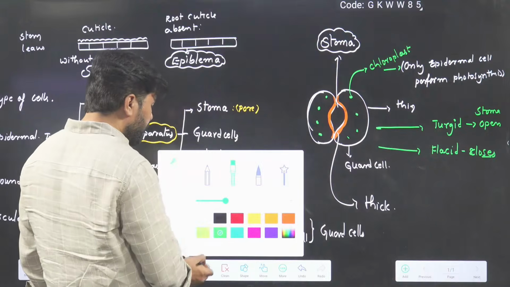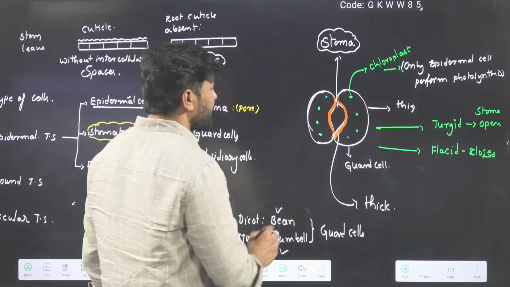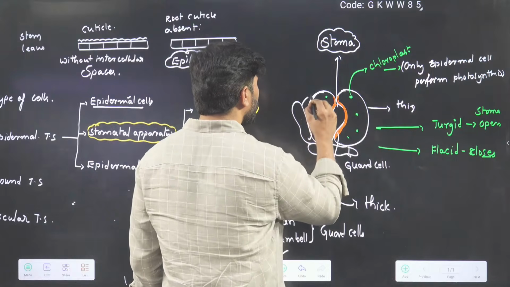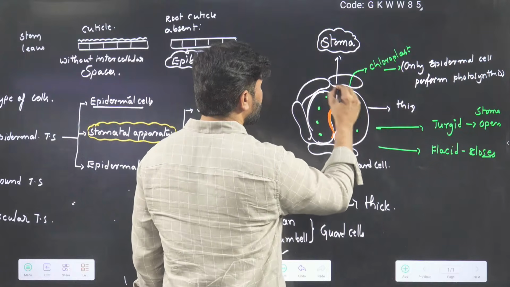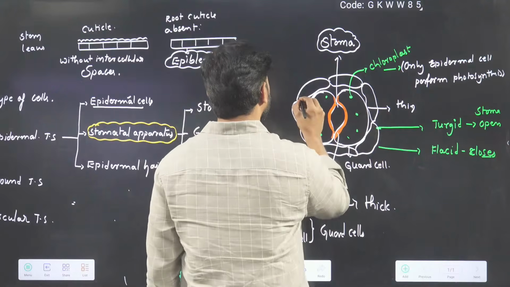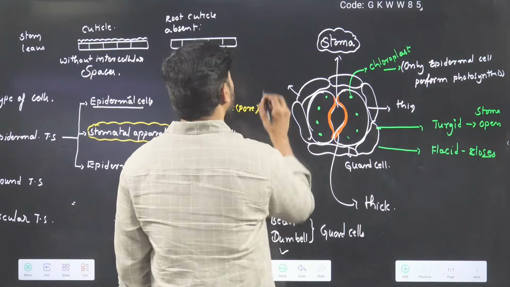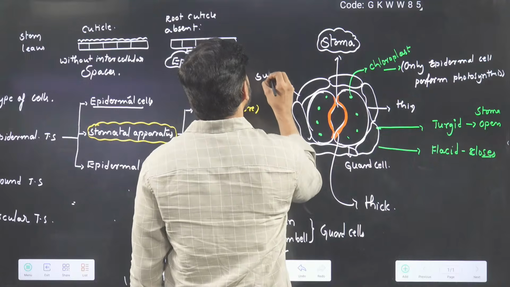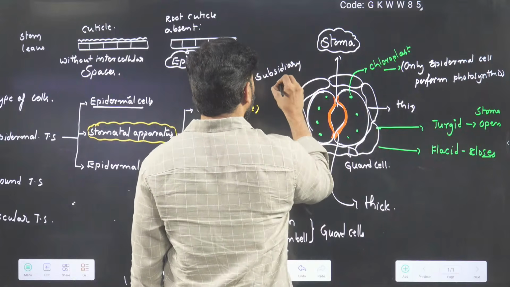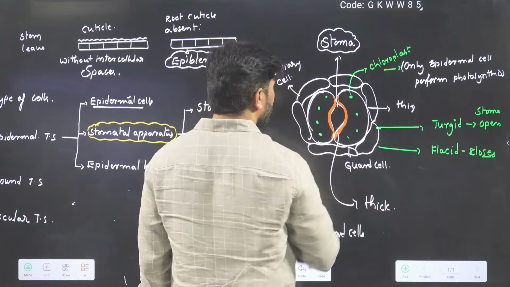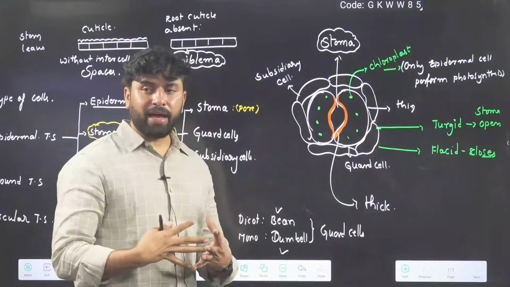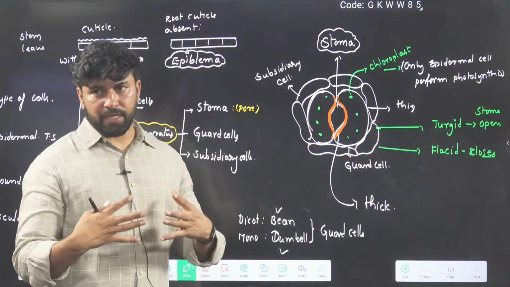But this opening and closing guard cells cannot do by themselves. Around them, or in the vicinity of the guard cells, they have some specialized parenchymatous cells. These specialized parenchymatous cells are known as subsidiary cells. I said there is a requirement of water in the guard cell in order to open and close the stomata. That water will come from subsidiary cells.